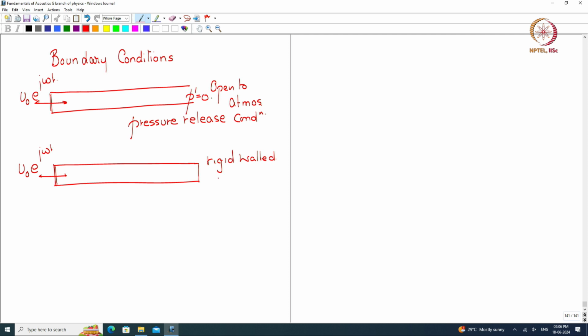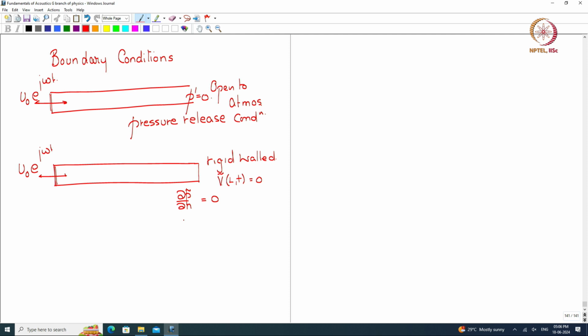Or the velocity v tilde at L comma t is 0, which in terms of pressure ends up as del P del N equal to 0. Okay.